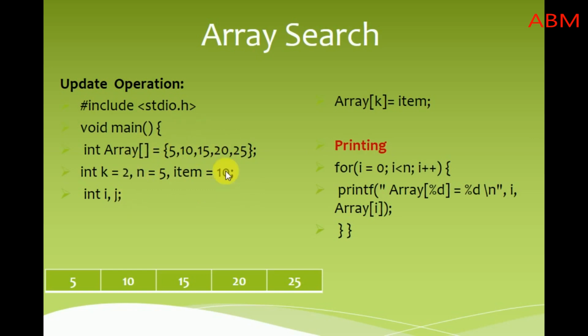So array k where k is equal to 2, that is index 0, 1, 2, this is the 15, and at the place of 15 we are going to insert 10, and this is the same which is printing the array after updating.